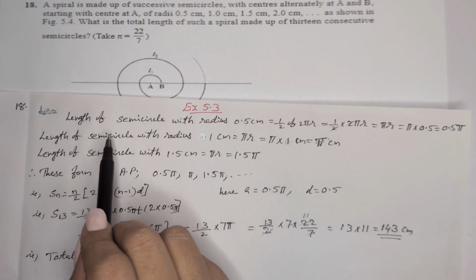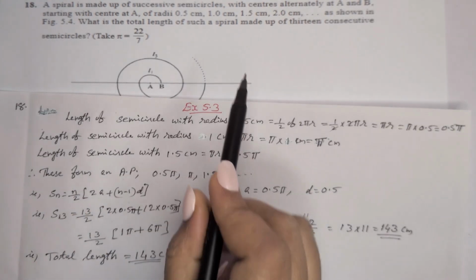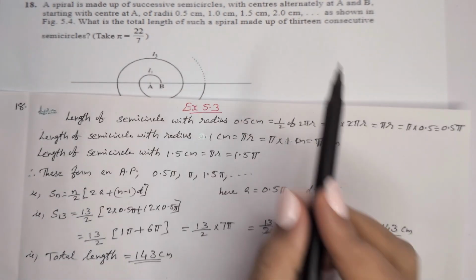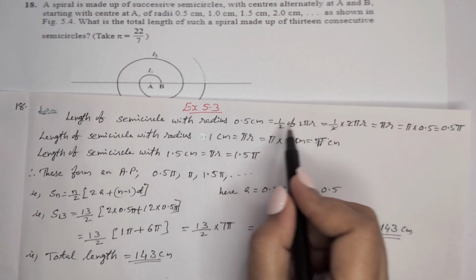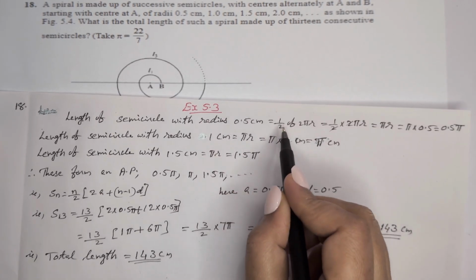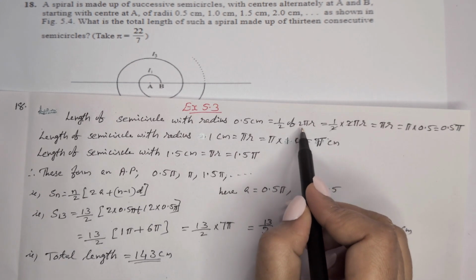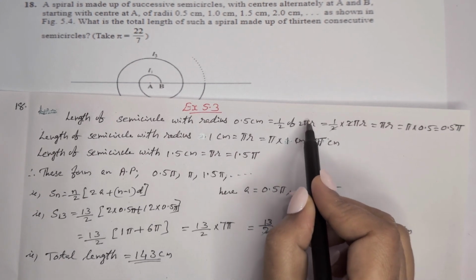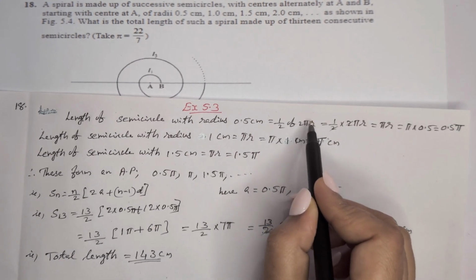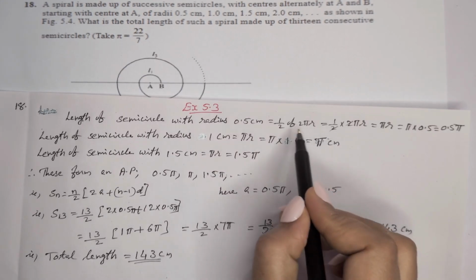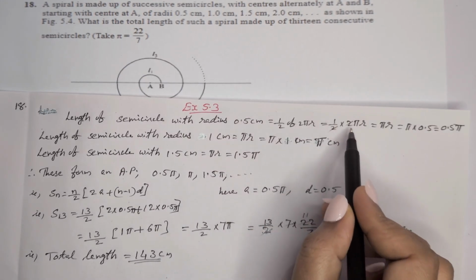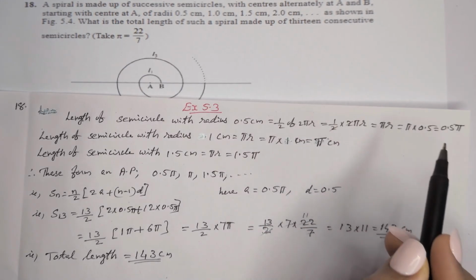We can write, in a sentence, the length of a semicircle with the radius, first one 0.5 centimeter. It is a semicircle, so we have to take half of the perimeter of the circle. Perimeter of the circle means circumference, that is 2 pi r. Here it is a semicircle, so half of that. So half into 2 pi r, which means pi r.